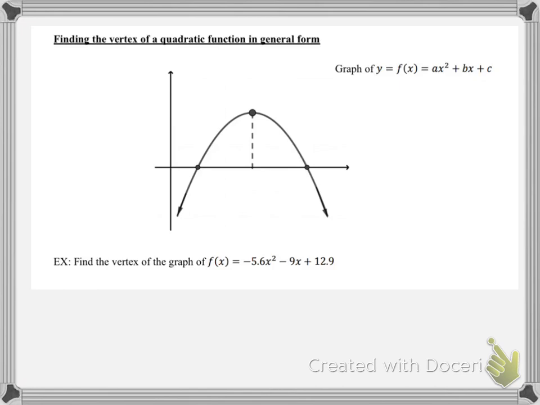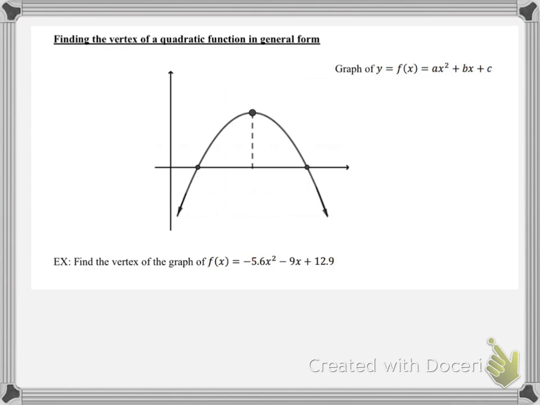We're going to talk about finding the vertex of a quadratic function when it's in general form and factored form. Yesterday we noticed we could find the vertex really easily when it was in standard form because the h and k were actually in the function. But we didn't really talk about how to find the vertex if it was in a different form. One thing we notice about parabolas is that they're symmetric, right?